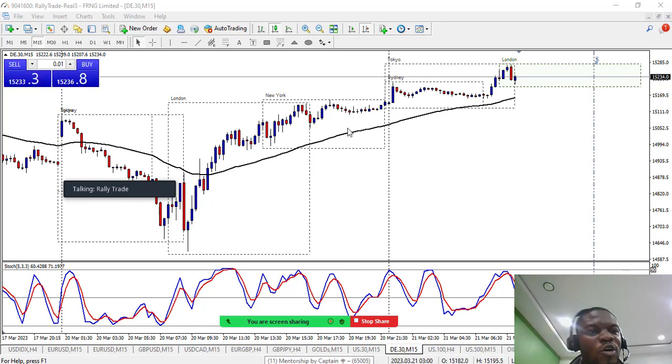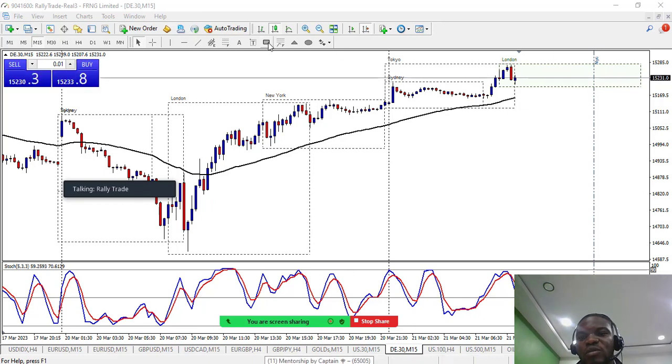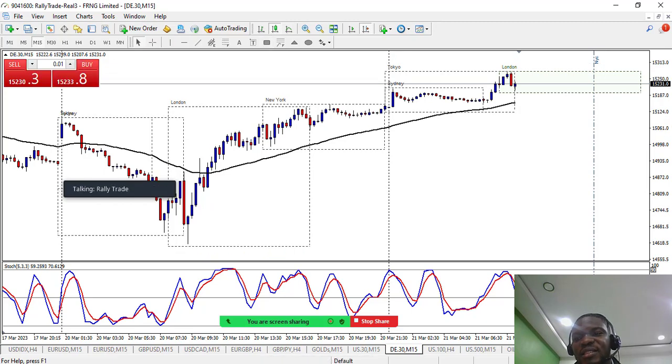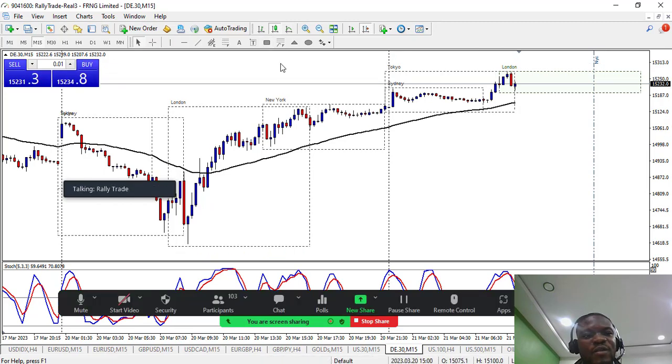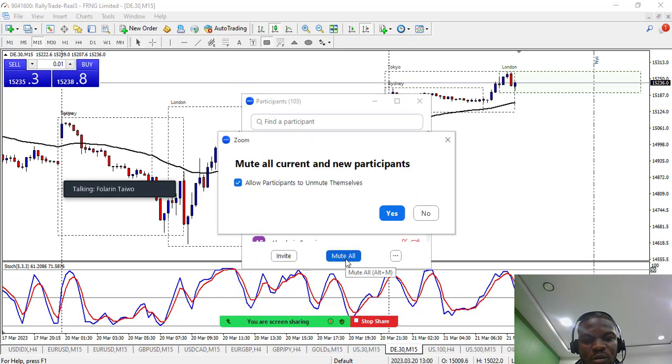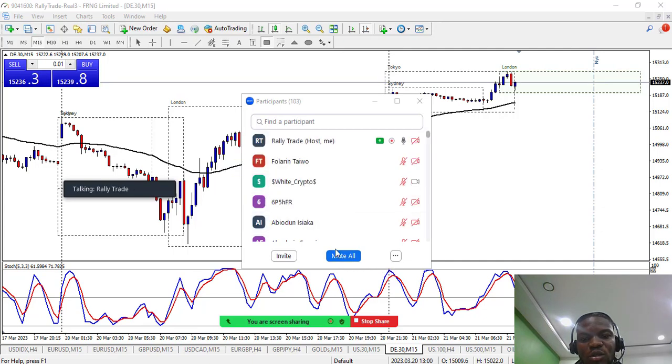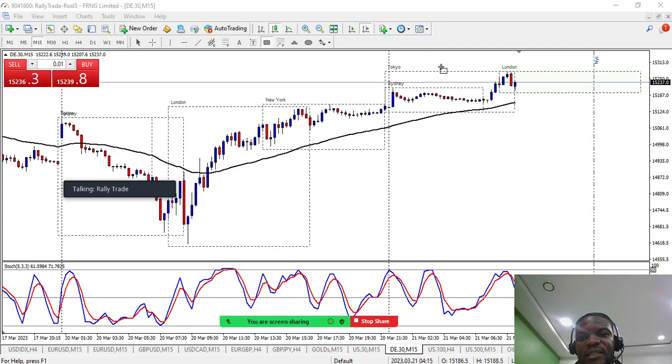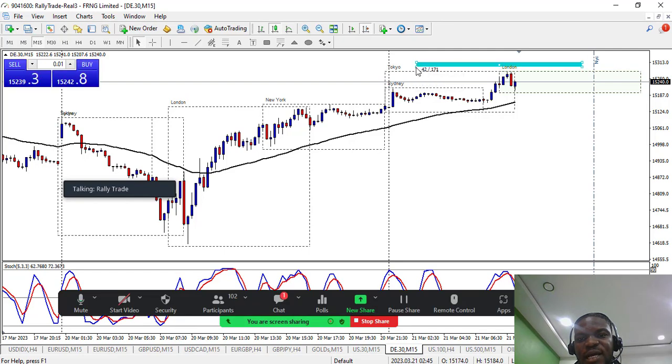All right, so for the D30, you want to do a buy if the market can trade above this level. Let me mute this, okay? So you want to do a buy if the market can trade above this Tokyo level, because it will be targeting that level.